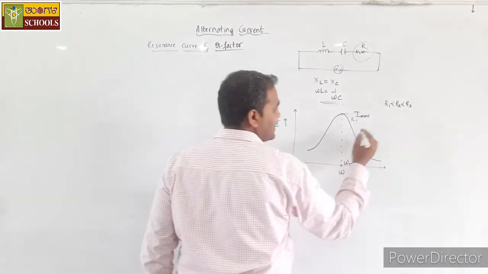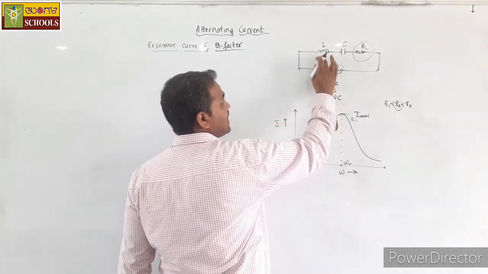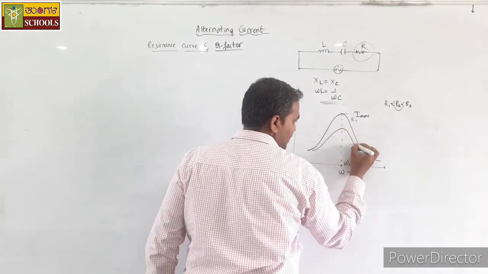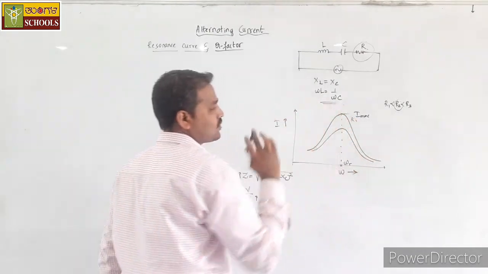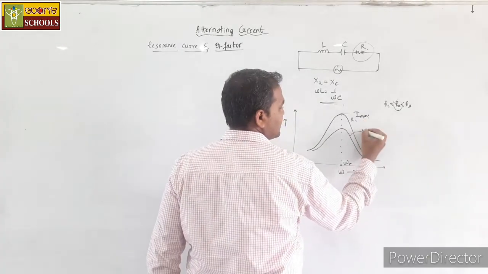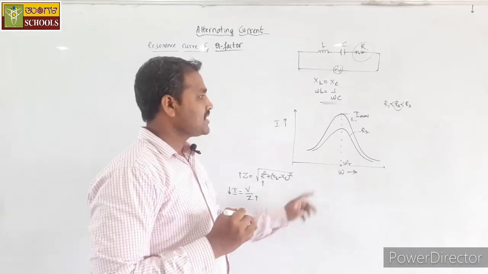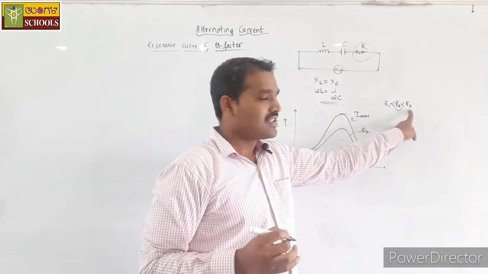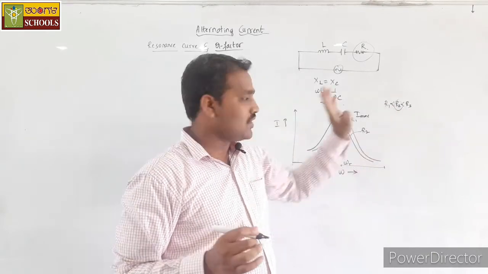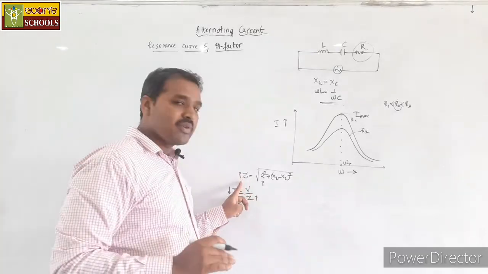For such values of the resistances, there will be 3 different curves. The second curve for the value of R2, with same L and C, will be something like this. The curve will be a little less sharp than the first one. This curve is for resistance value R2. Similarly, if I consider the resistance value of R3 which is greater than these 2 values, the current has to be still lesser because impedance will be more again.